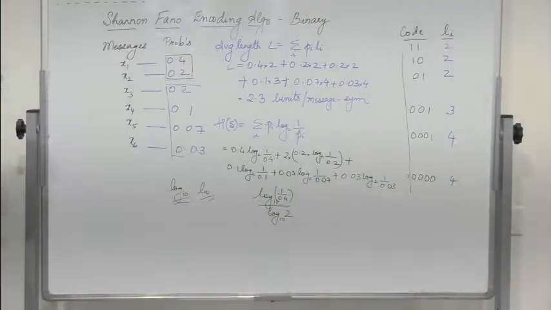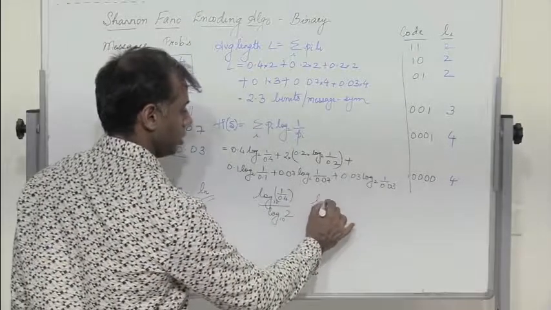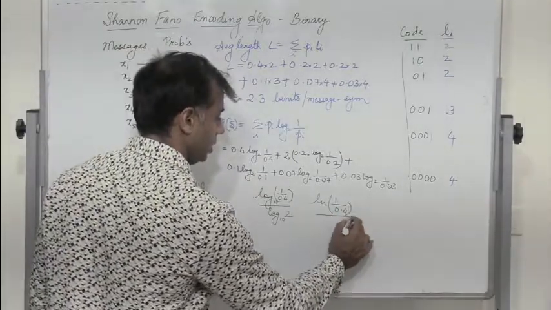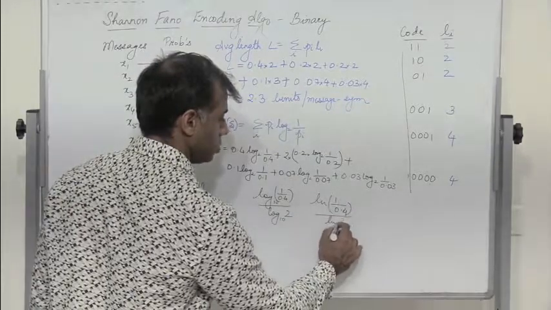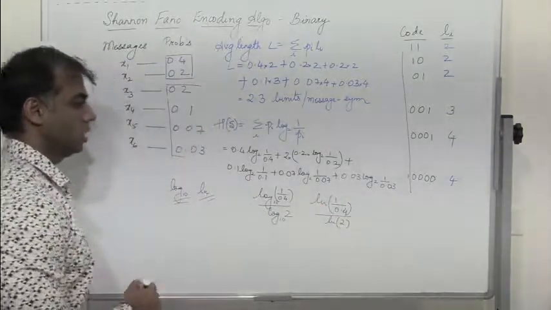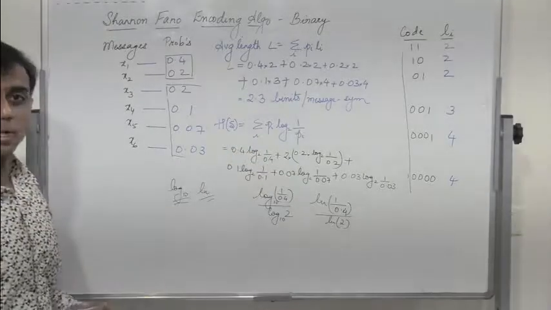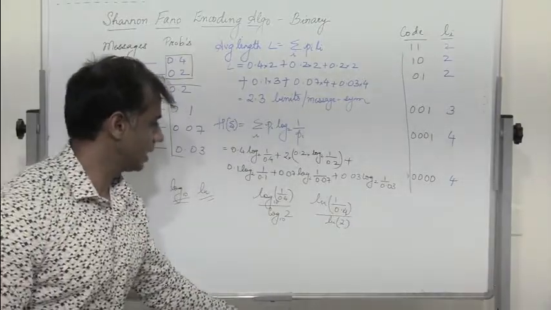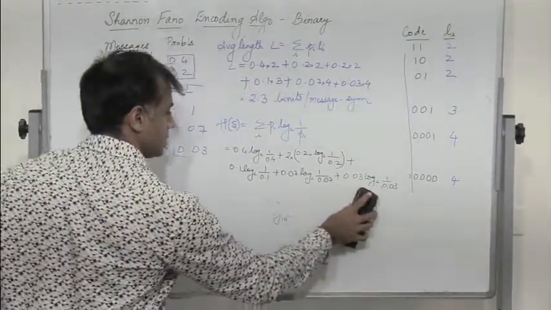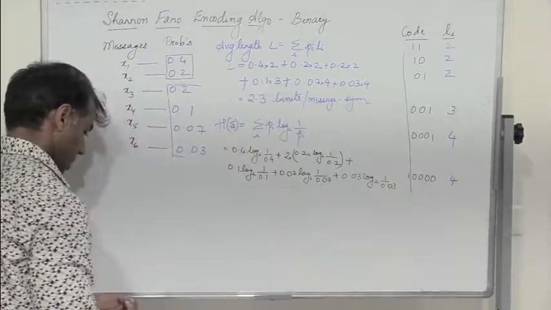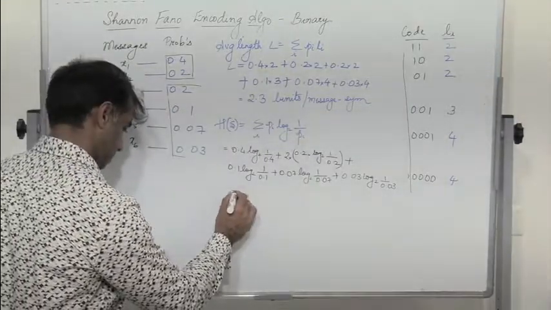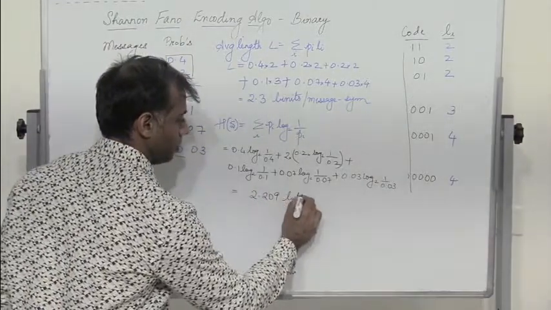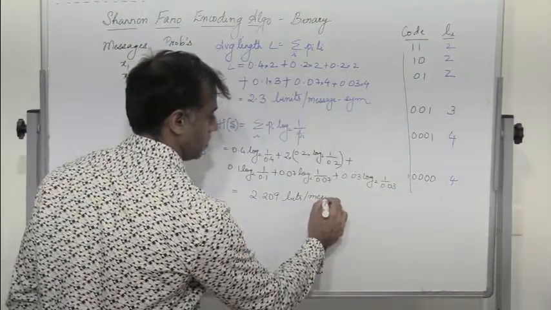Or you can do ln, that's log base e of 1 by 0.4 divided by natural log 2. Then you would get log of 1 by 0.4 to base 2. So you would be doing it for all the cases. When you do the calculations, finally you would get H of S to be equal to 2.209 bits per message symbol.